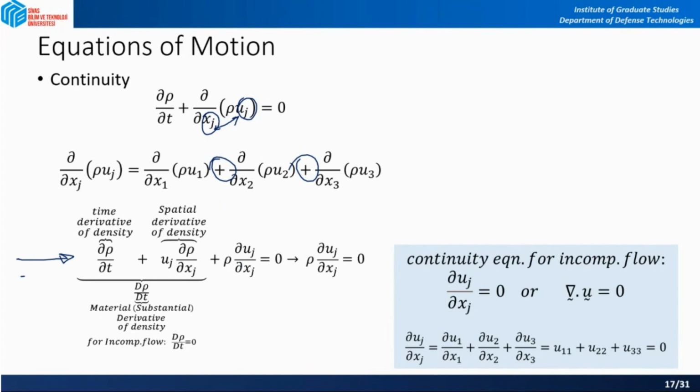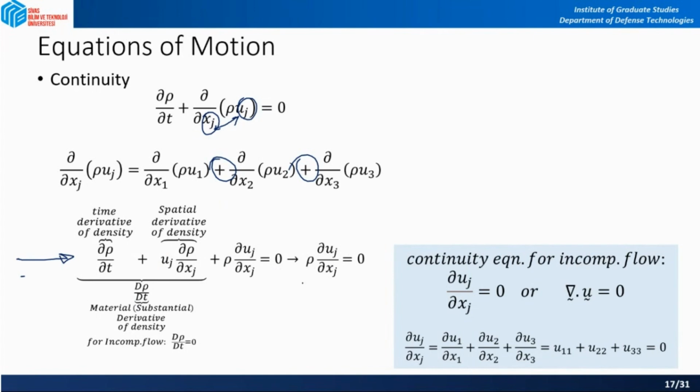In here you see that the material derivative is the time derivative plus the spatial derivative. In other words, at a frozen time, the density is constant everywhere, meaning spatially, and at another time it is also constant. So it means through time it is also constant. So you will end up with rho duj dxj equal to 0.